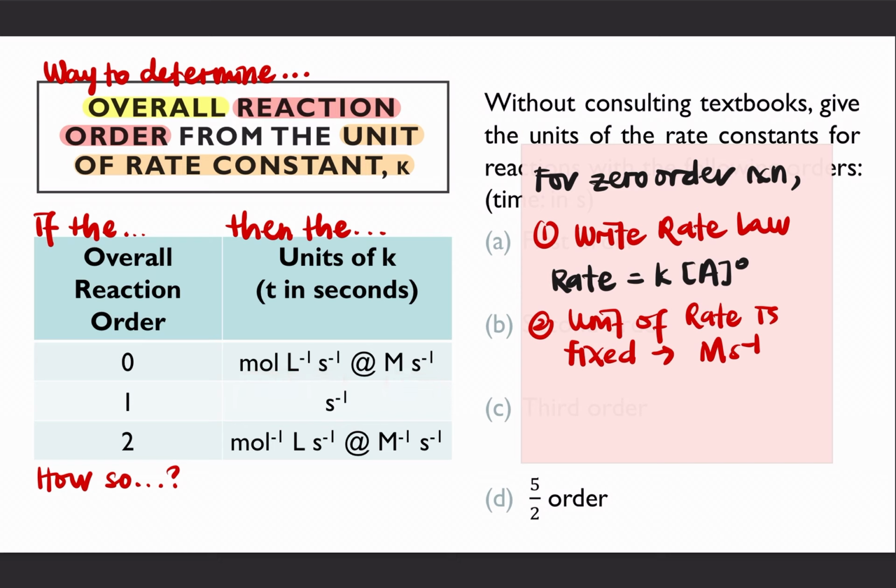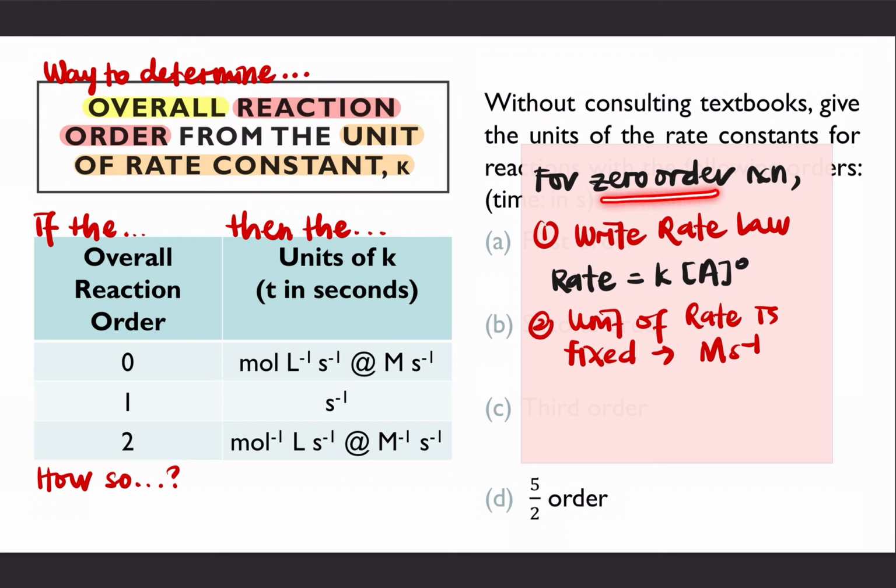How is that so? How do we get this when our reaction order is 0? So the way for you to know your overall order of reaction from the unit of rate constant is to write your rate law.